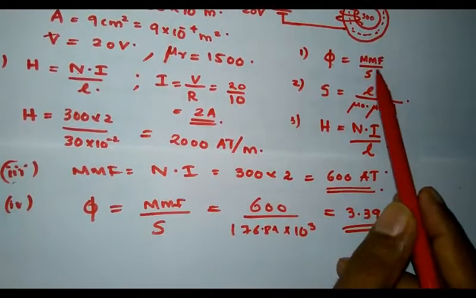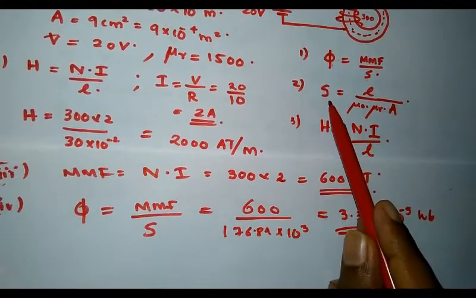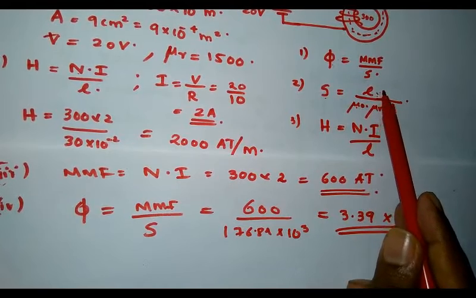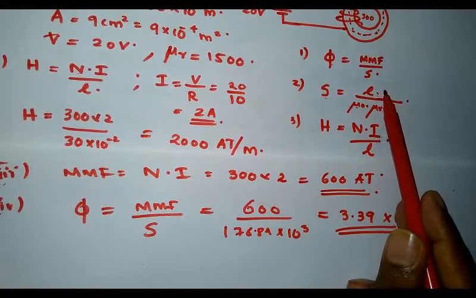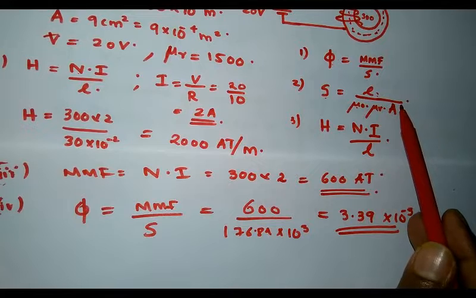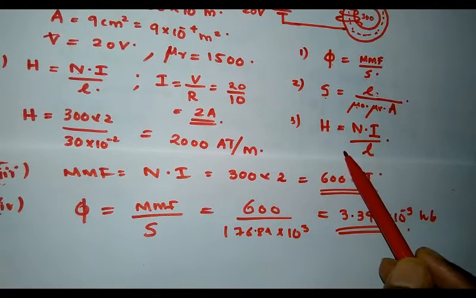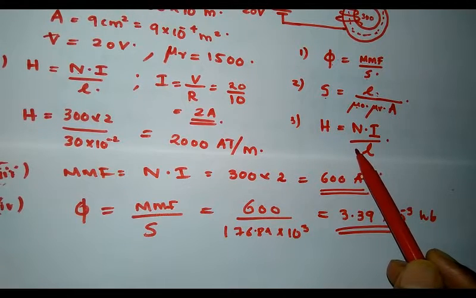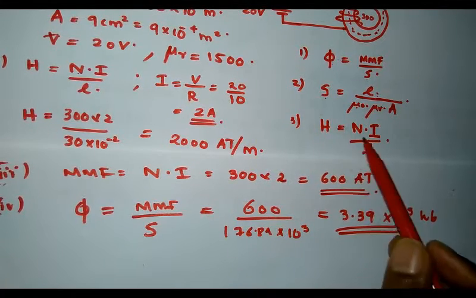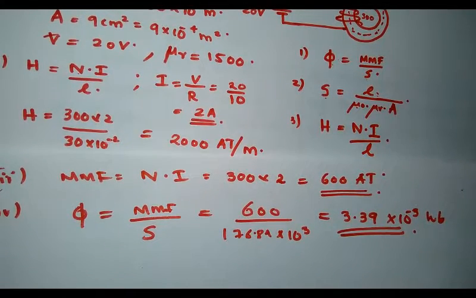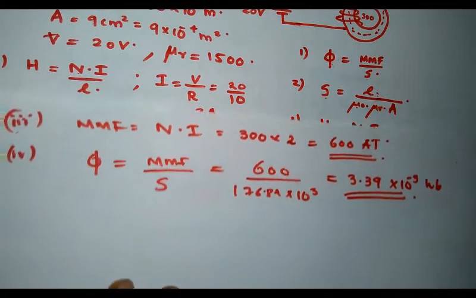Here magnetic flux is equal to MMF by reluctance, and the physical parameter equation for reluctance S is equal to L by mu 0 mu r into A. L is the length of the magnetic circuit, and A is the area of cross section of the magnetic core. And H is equal to Ni by L is the next equation for magnetizing force or magnetic field intensity.